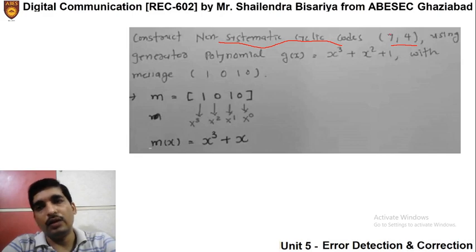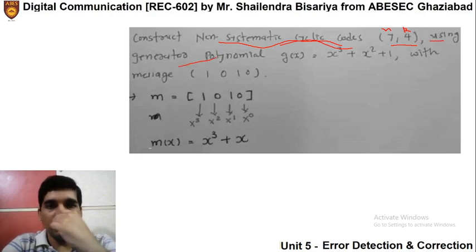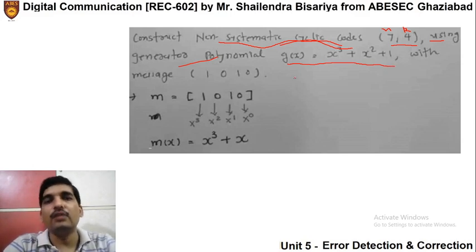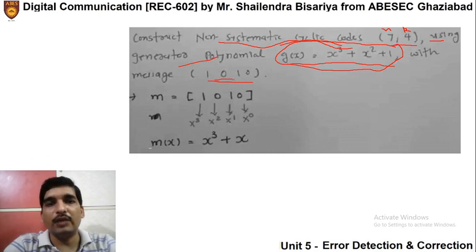Now it should be clear what n and k are, and what r is. Construct the non-systematic cyclic code 7, 4 using generator polynomial g(x) equal to x cube plus x square plus 1 with message 1010. The generator polynomial is directly given, and the message polynomial we have to form from the given message bits. Message bits are 1010.